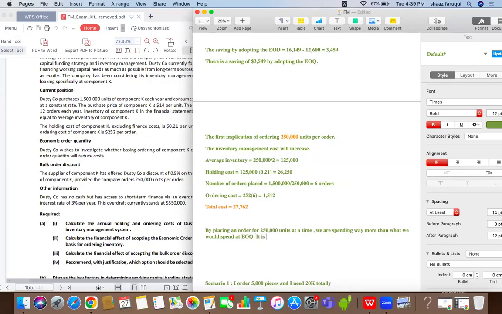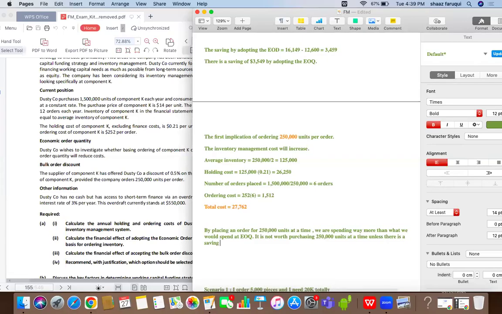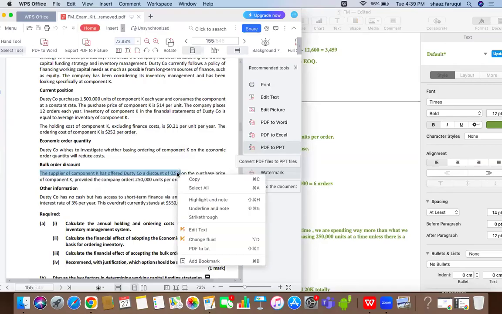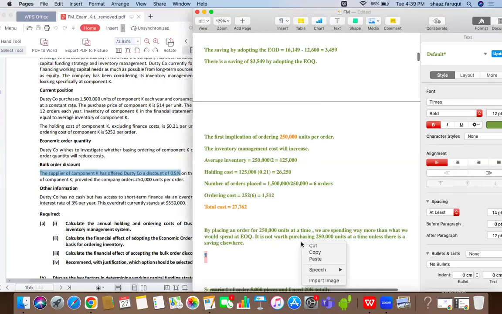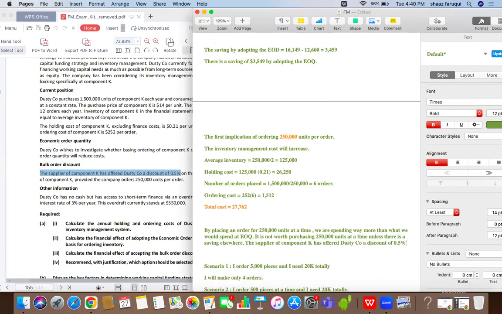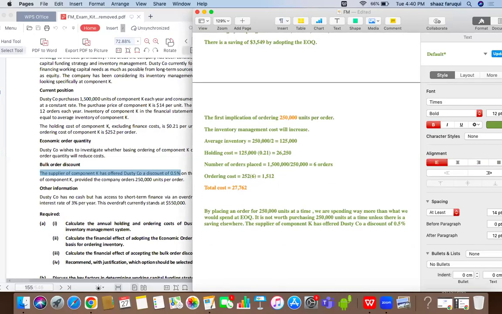It is not worth purchasing 250,000 units at a time unless there is a saving elsewhere. Here, there is a saving elsewhere. The supplier of the component has offered a 5%, not 5%, 0.5% discount. I'm just copy pasting that literally. Now our job is to see if this discount of 0.5% is worth it. You understand?